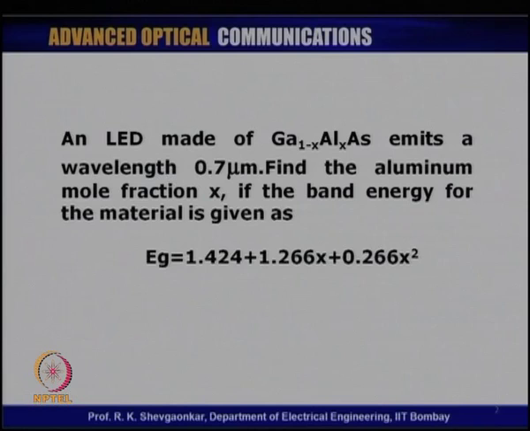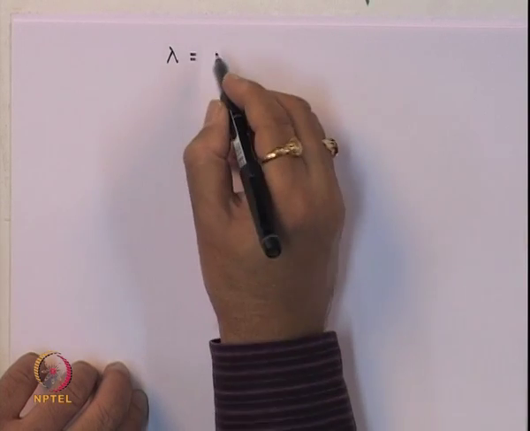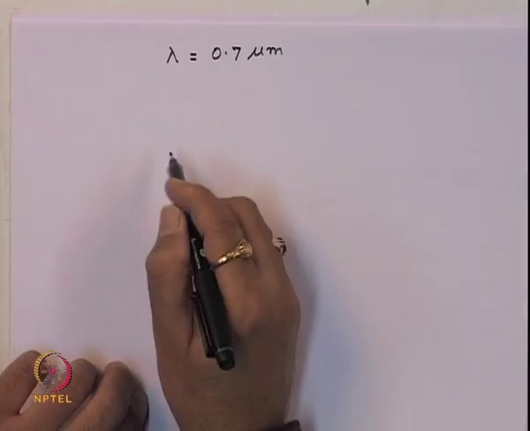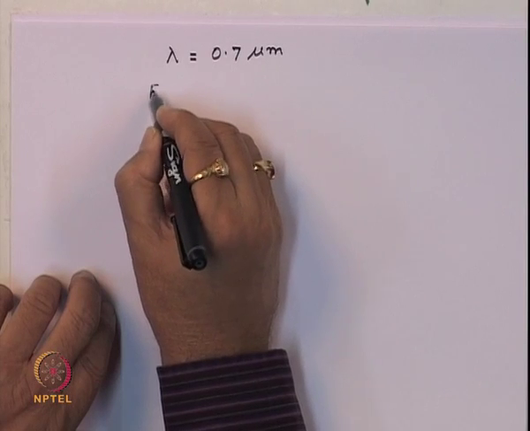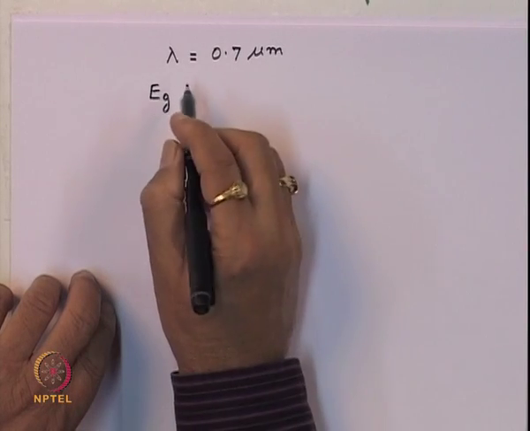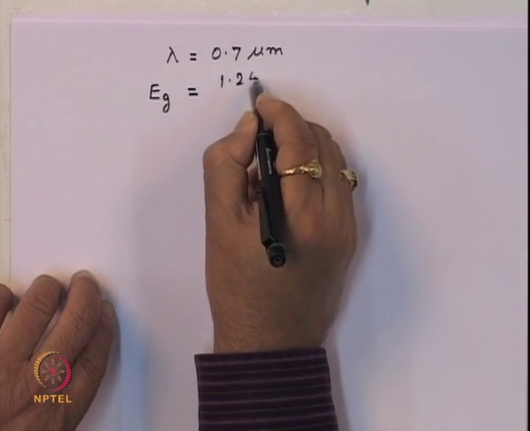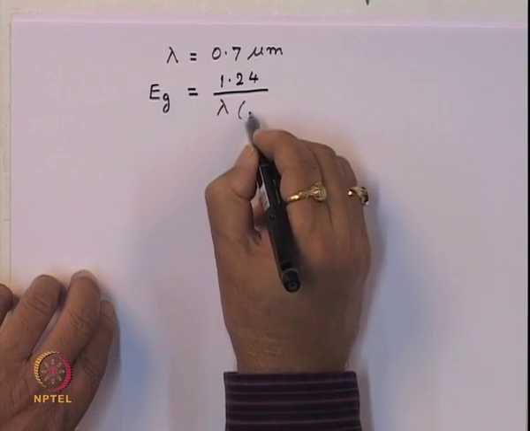Essentially what we are going to do, first we convert the wavelength of emission to the corresponding band gap energy. It is given that lambda for the LED is 0.7 micrometer. We know from the very basic relation that the band gap energy is given as 1.24 divided by the wavelength of emission in micrometers.